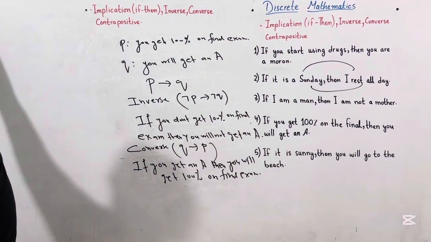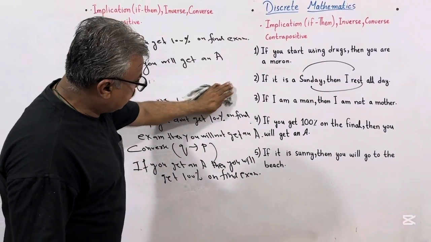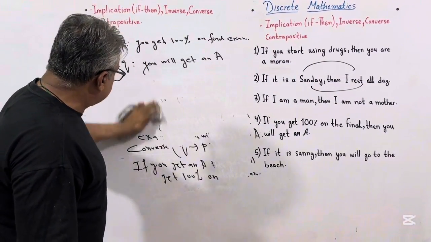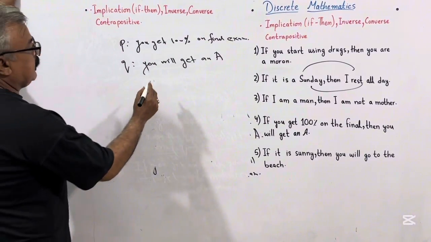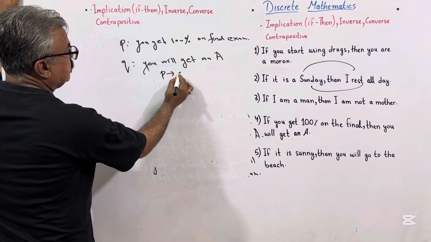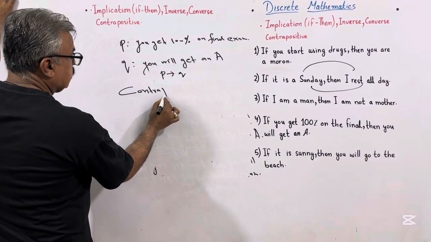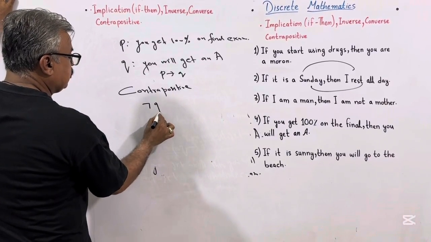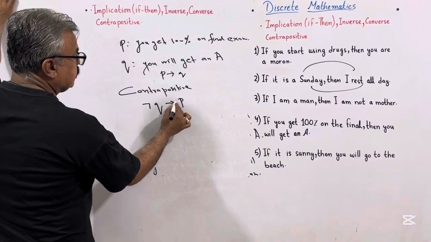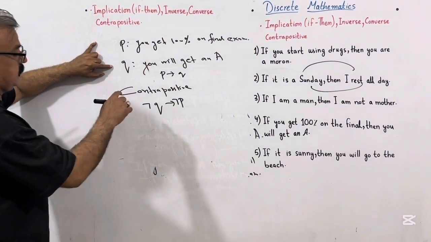Finally, what about its contrapositive? Easy to manage now. Our normal implication is P implies Q. Its contrapositive is negation of Q implies negation of P. What is Q?